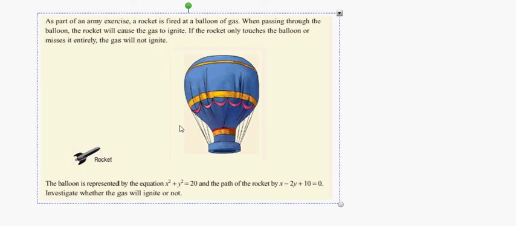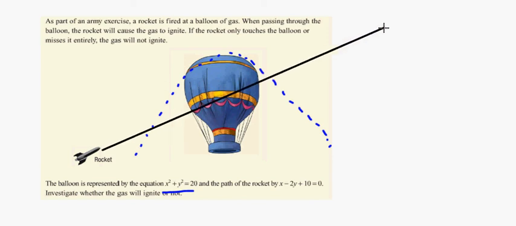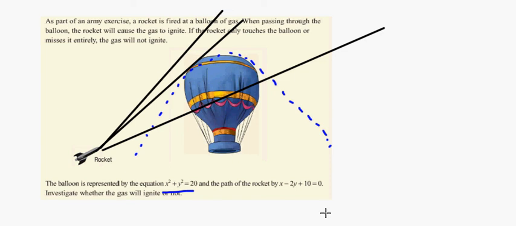The balloon is represented by a curve, and that's the equation of the curve there, more so a circle. The rocket is represented by the equation of a line. So we have to see if it goes straight through it, if it touches it, or if the rocket just completely misses it.